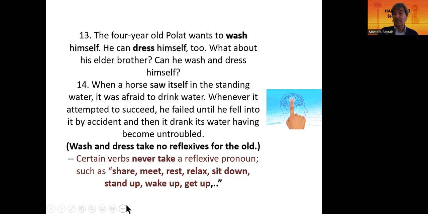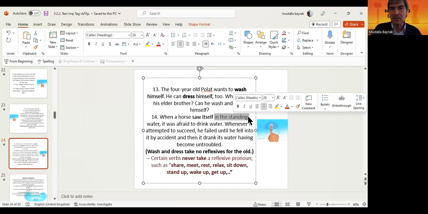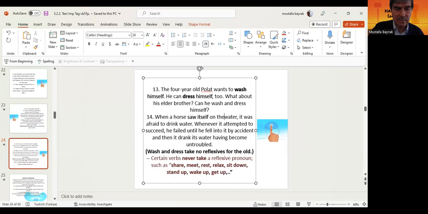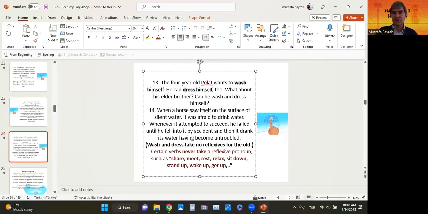14. When, according to the fable, a horse saw itself on the surface of pure, silent water, it was afraid to drink water because of its image.